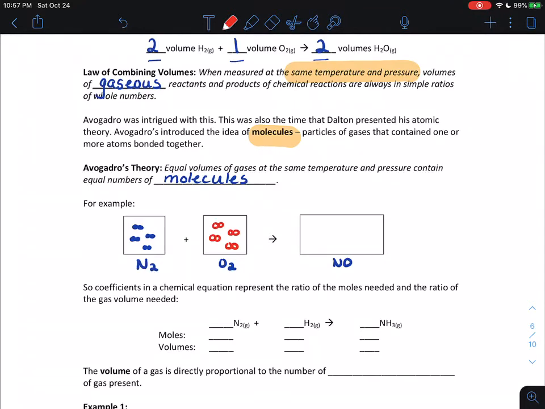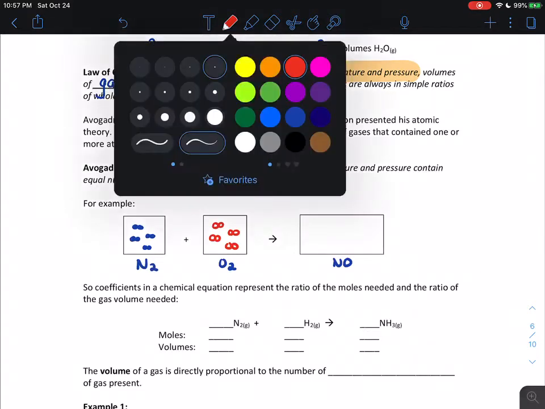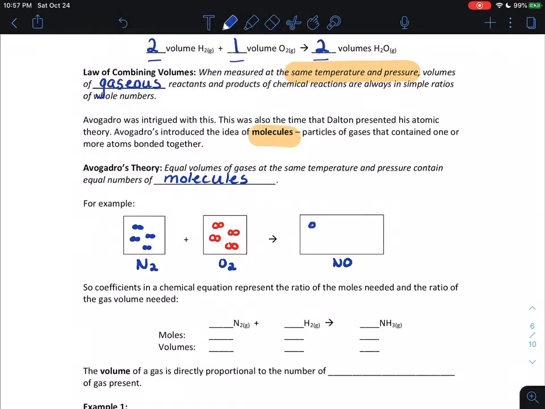Now, if you think about it, when they bond together, I get 1 nitrogen. I'm just going to save a little bit of time and draw my nitrogens first, and then I'll come in and draw my oxygens.